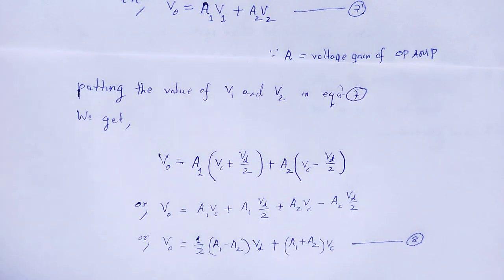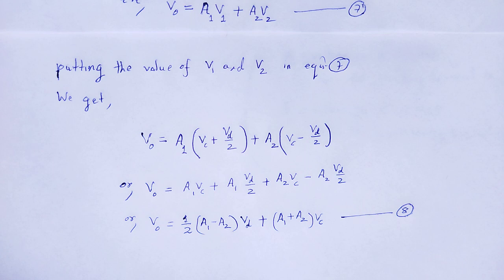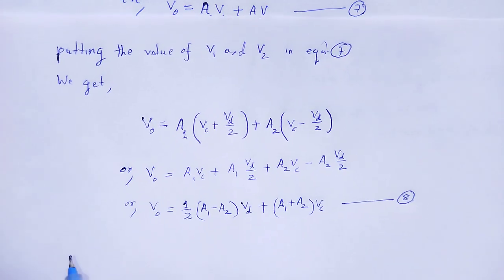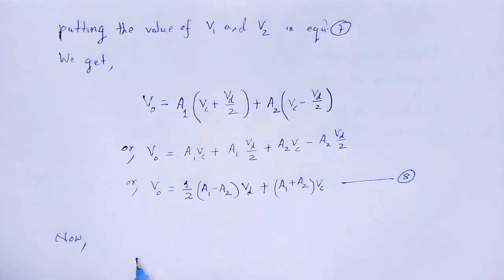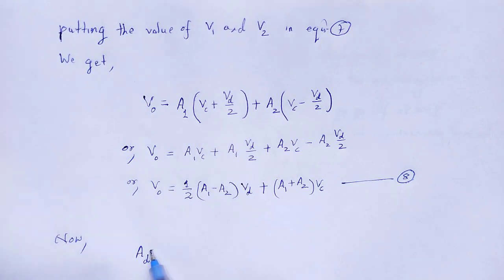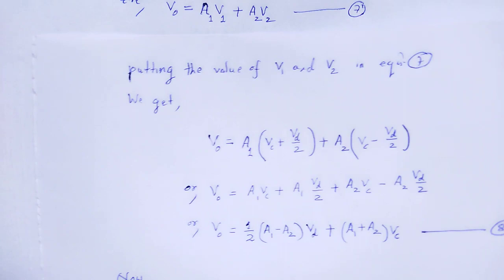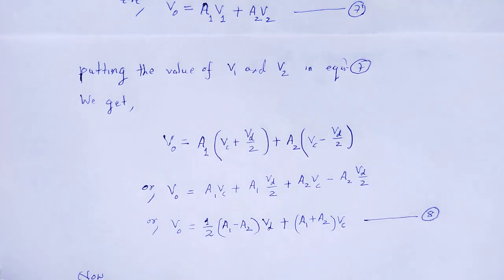Number 8. Now our requirement is the voltage gain AD, which is the voltage gain for the differential input signal.